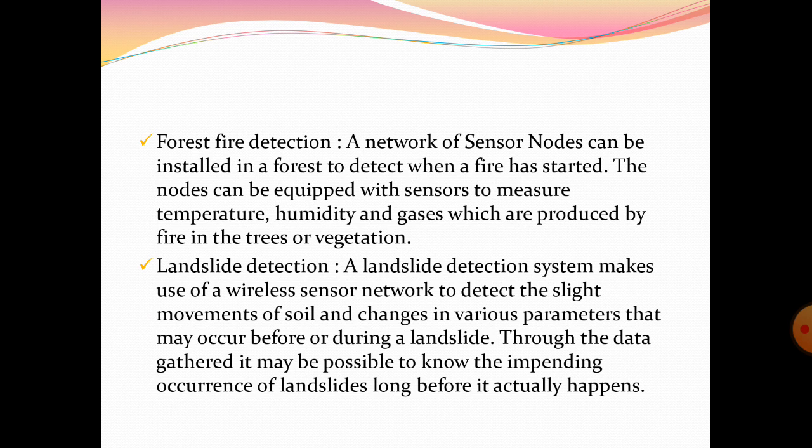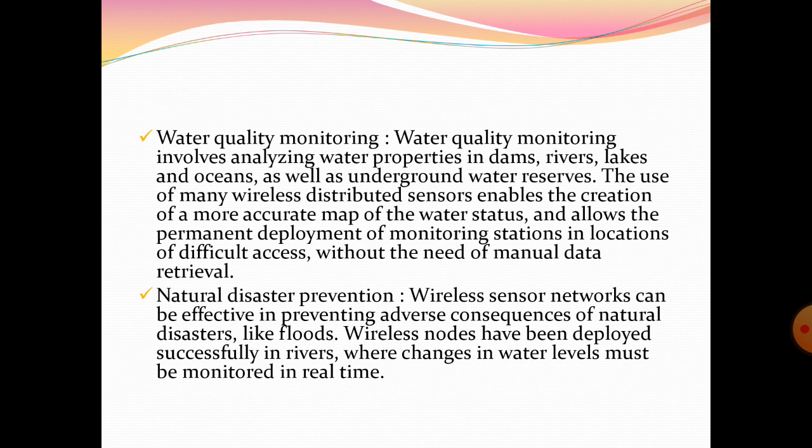Landslide detection. A landslide detection system makes use of a wireless sensor network to detect the slight movement of soil and changes in various parameters that may occur before or during a landslide. Through the data gathered, it may be possible to know of the impending occurrence of landslides long before they actually happen. So next we have water quality monitoring.